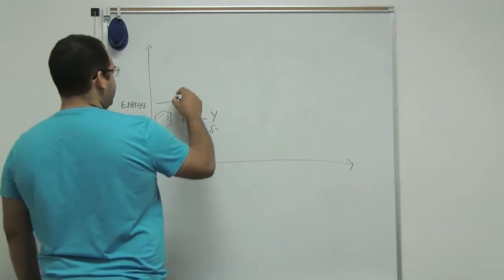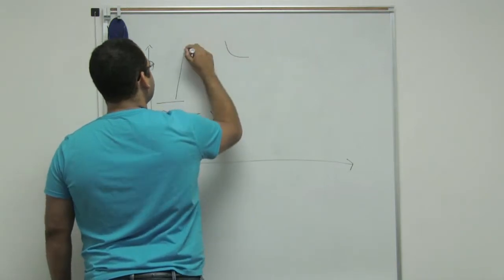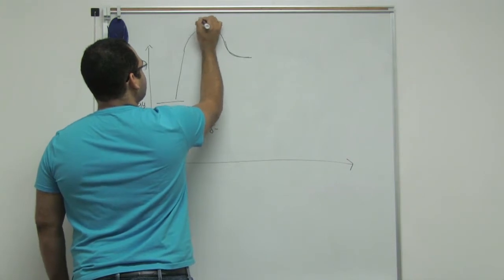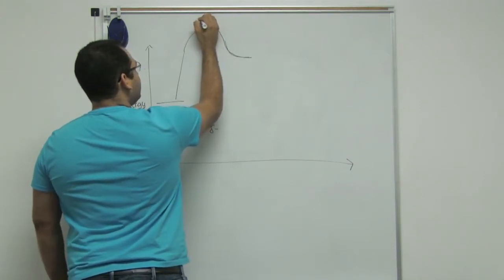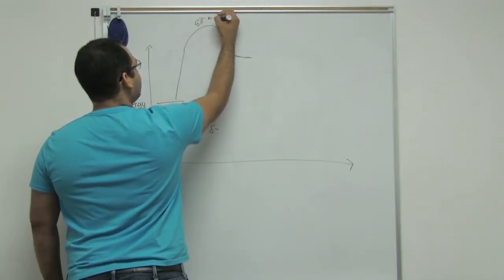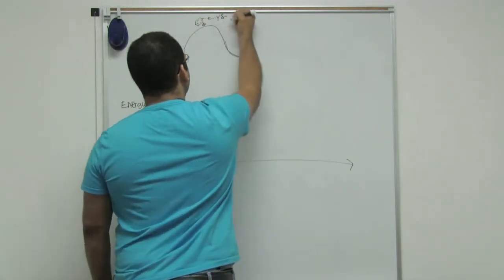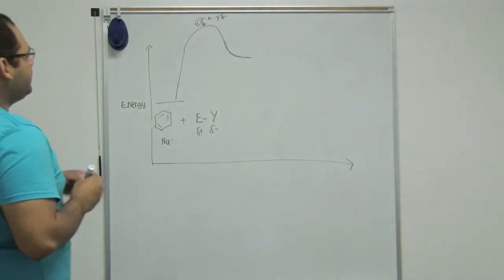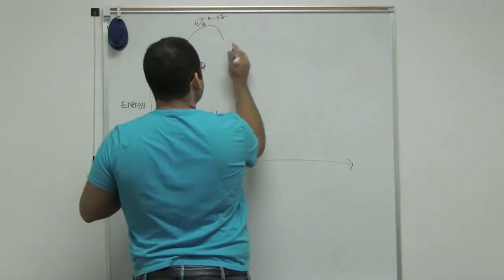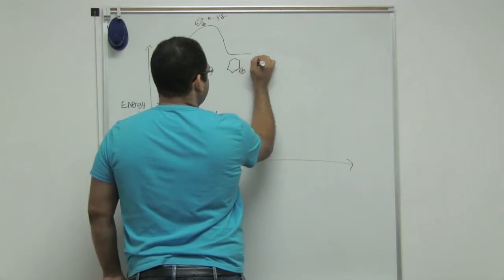The first step is the formation of a carbocation. We can show the intermediate by breaking this bond and making this bond. Here we have the partial charge associated with the formation of this carbocation and the partial charge associated with my Y. On this part, we actually have the completely positive charge.